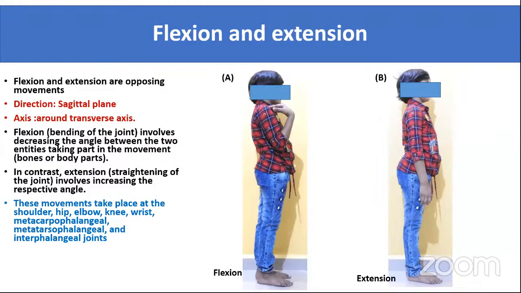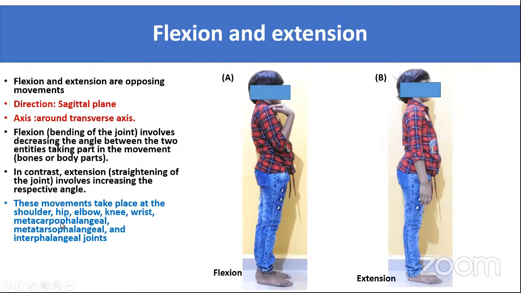So these movements take place at the shoulder joint, hip joint, elbow, knee, wrist, metacarpophalangeal joint or metatarsophalangeal joint, and interphalangeal joints. Hope you are aware of metacarpophalangeal joints.